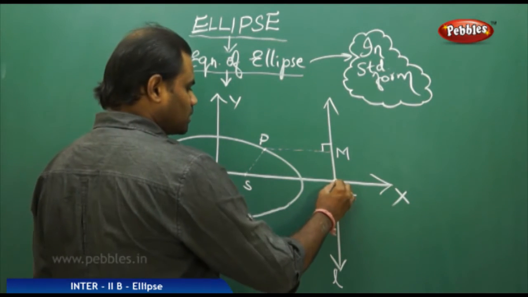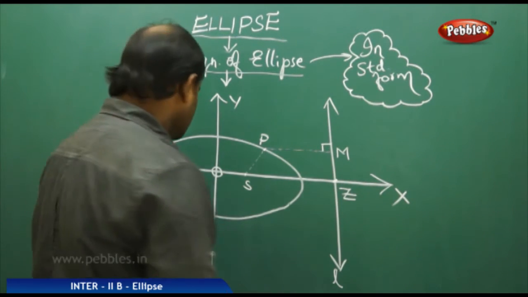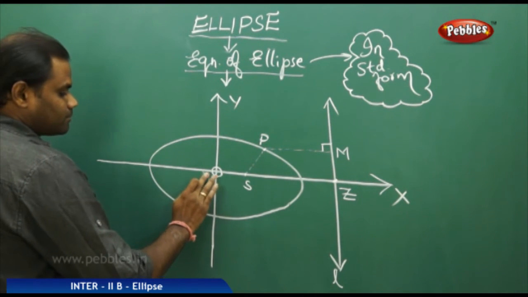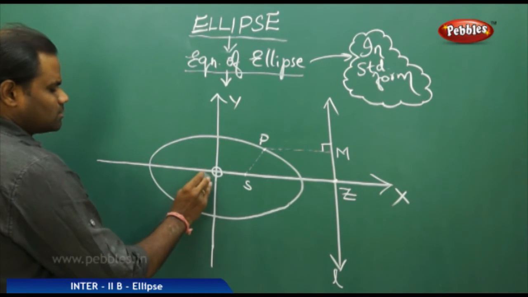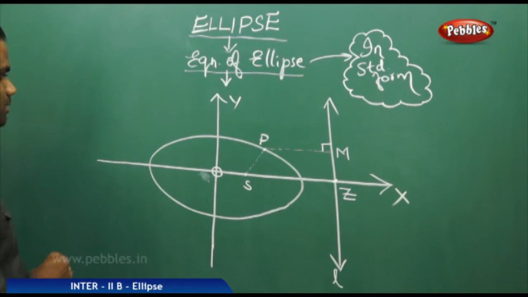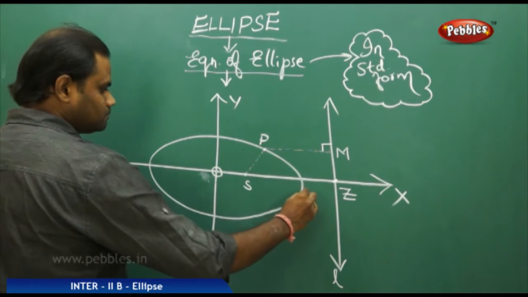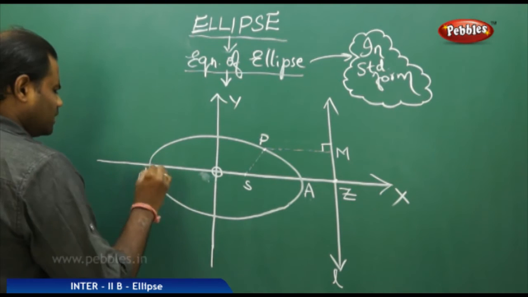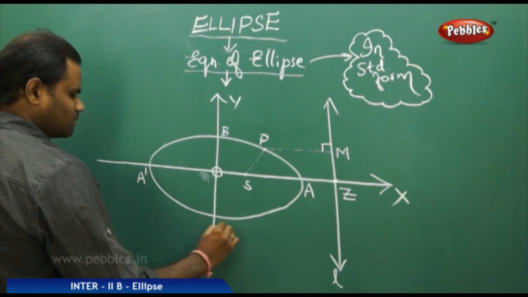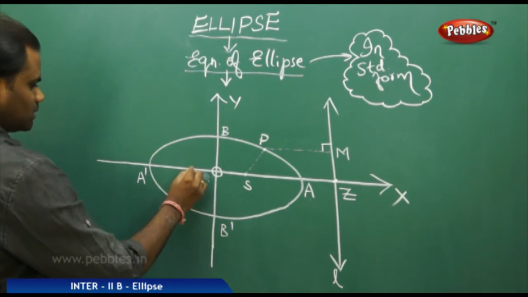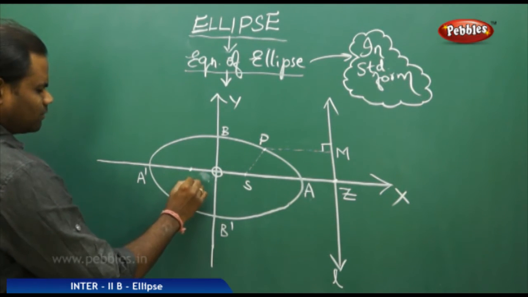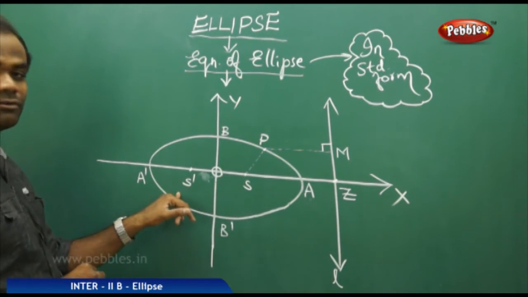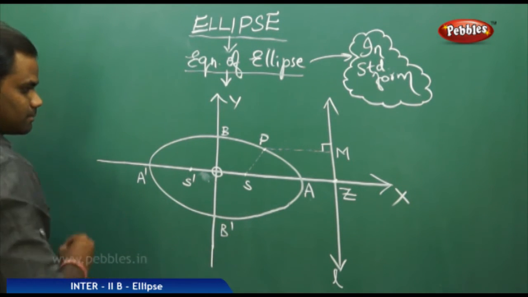So Z is the foot of perpendicular from the focus to the directrix, and this is the vertex of the ellipse, or this is where the center of the ellipse is, and I have A dash and this is B dash. Now corresponding to this focus, I have a focus on the left which is S dash, the image or reflection of S with respect to the y-axis.